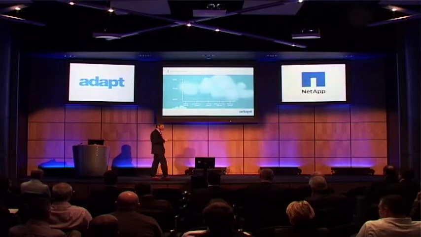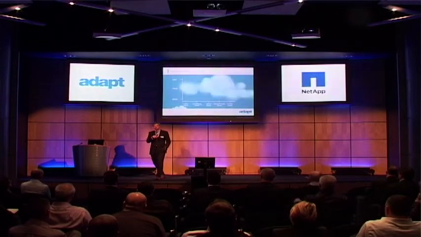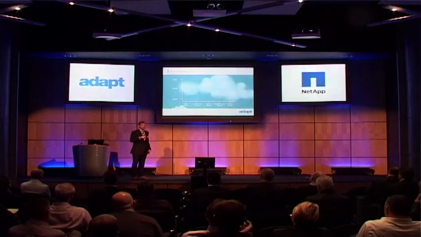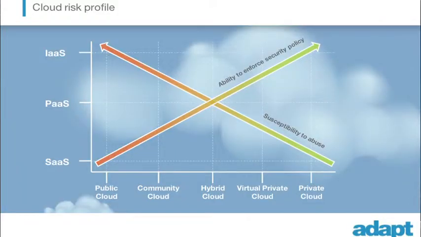From a cloud risk profile, what I've tried to do on this slide is map each of the cloud offerings in the market against what the risk profile might be. If you put them on a grid, the first interesting thing is your ability to enforce security policy.